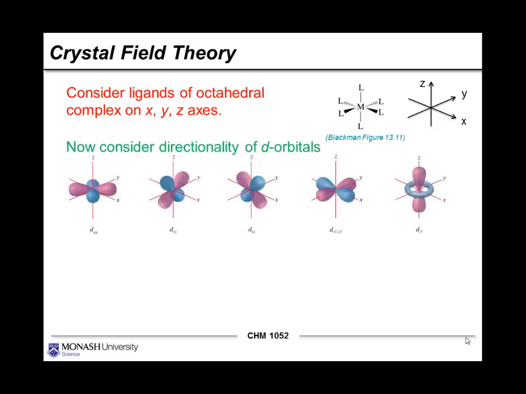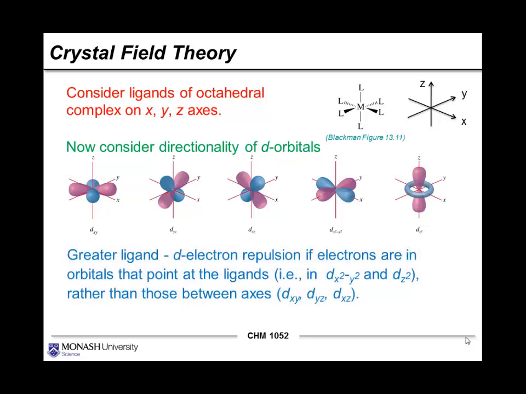Think back to the directionality of the d atomic orbitals, and what you should see is that some of these ligands actually lie perfectly on the axes, just like 2 of the orbitals that you can see here. The dx squared minus y squared and dz squared have their electron density lying right on those axes. We also have ligands lying right on those axes.